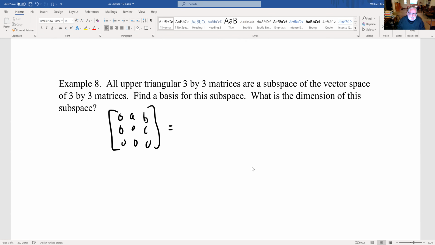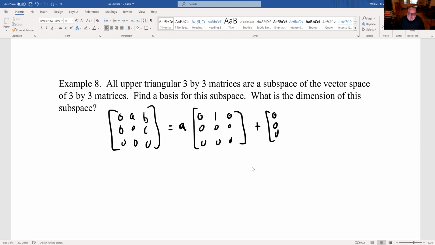Well, every matrix of this form can be rewritten if we think about the numbers that we have like this, right?